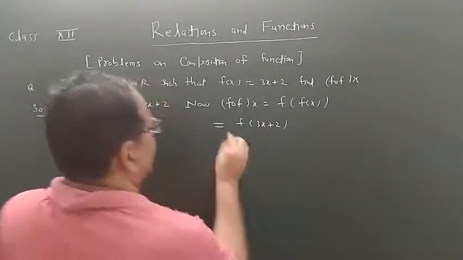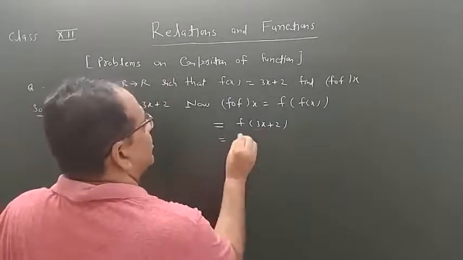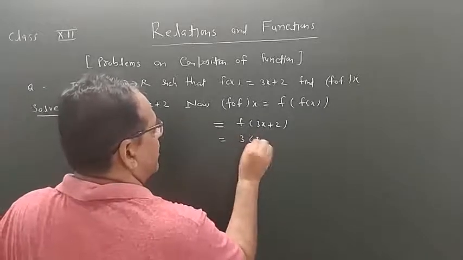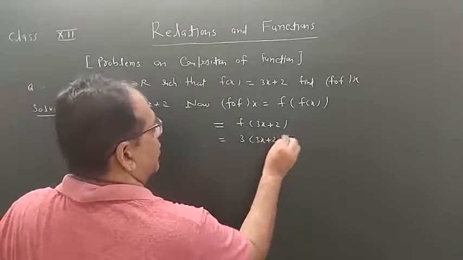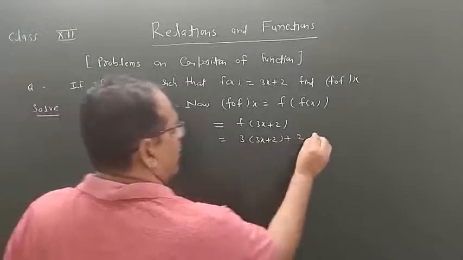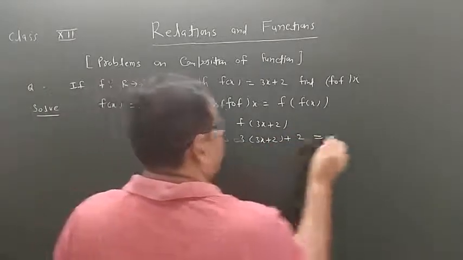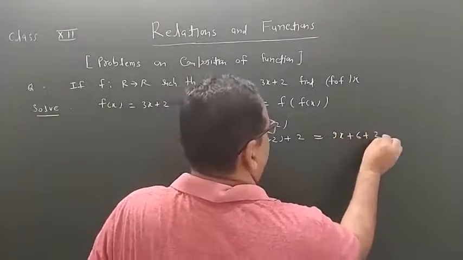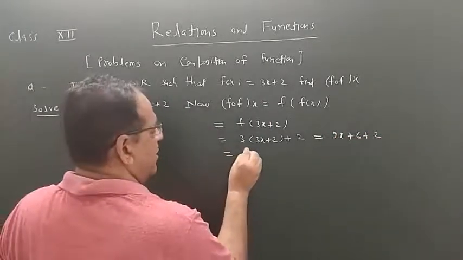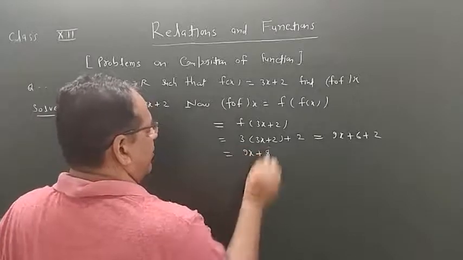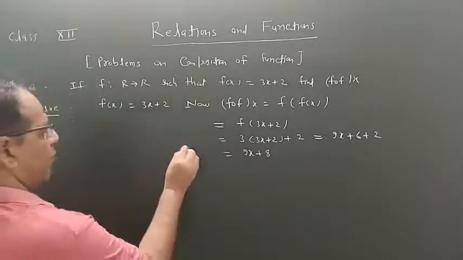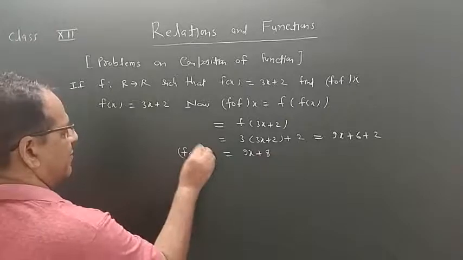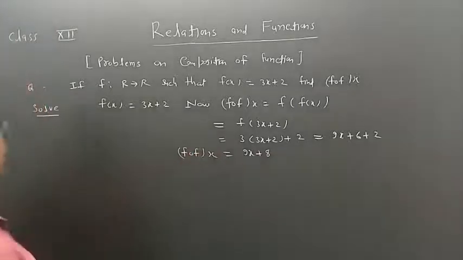So f(x) can be written as 3 times (3x plus 2). Open the brackets: 3 times 3 is 9x plus 6 plus 2, so 9x plus 8. So fof(x) equals 9x plus 8.